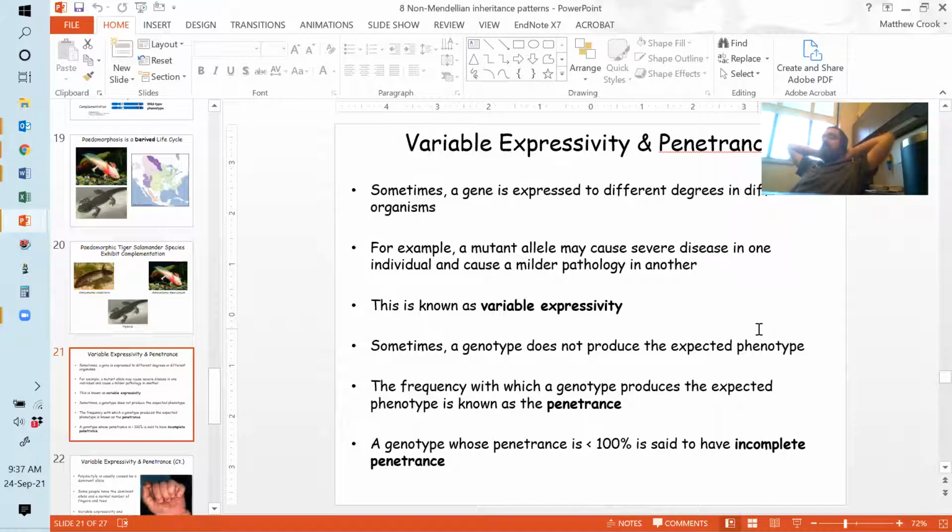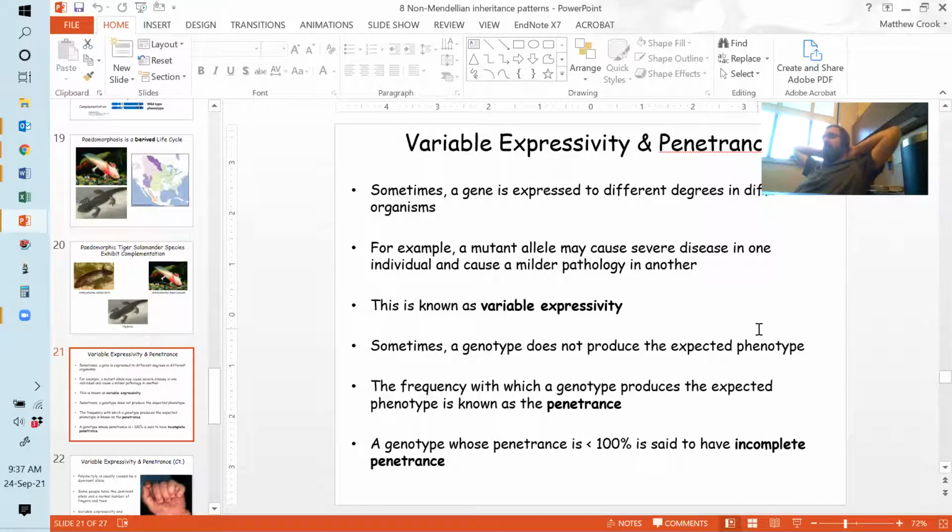With variable expressivity, the degree to which you express the mutant phenotype varies. One individual may have a very severe mutant phenotype or disease phenotype.